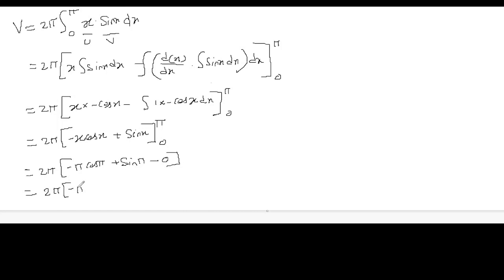Here it is minus pi, cos pi is minus 1, sin pi is 0. So after calculating all, we are getting the value of the integration as 2 pi squared. So we can conclude the volume of the solid so formed is equal to 2 pi squared.